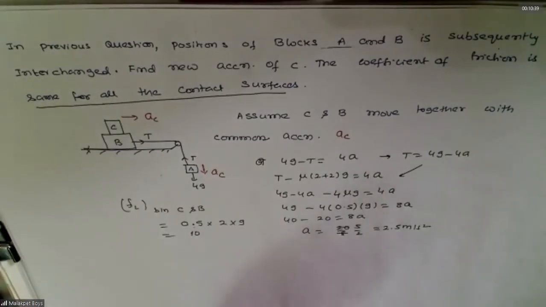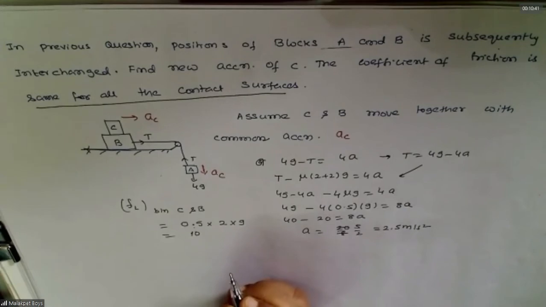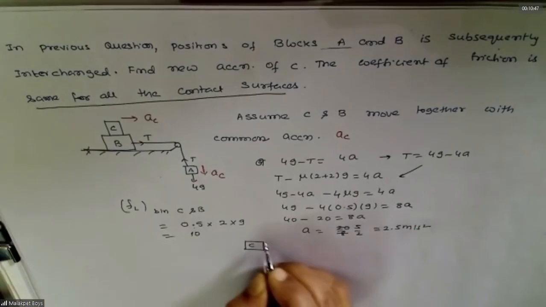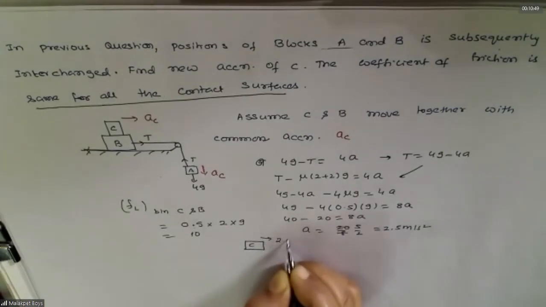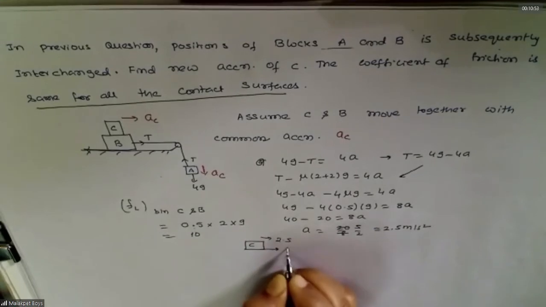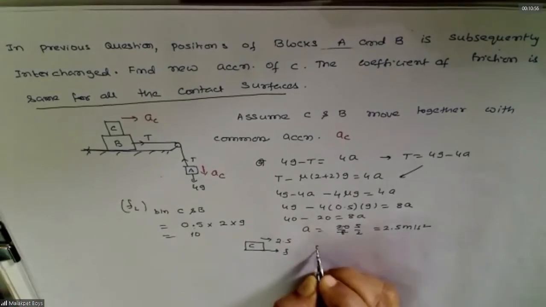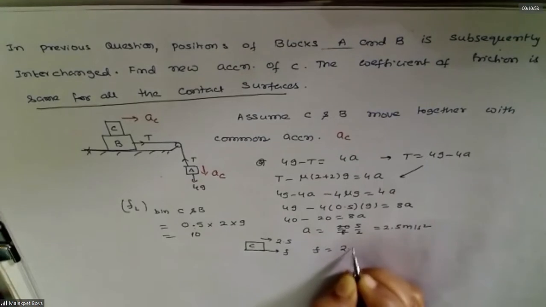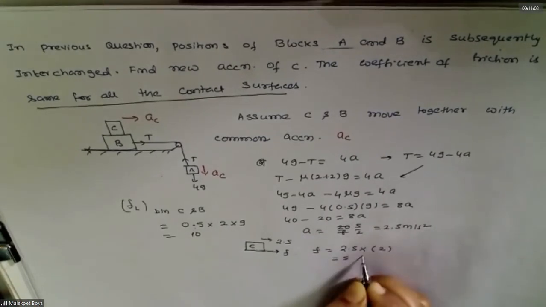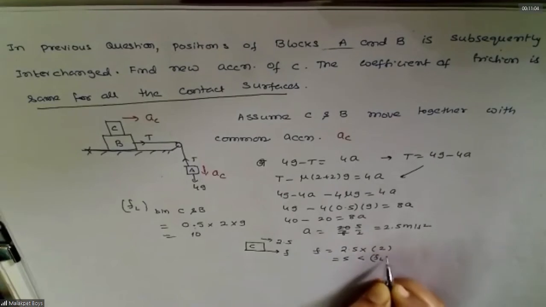Yes, sir. Now let us draw the free body diagram of C. We have assumed that this goes with a common acceleration. So which drives that frictional force? For this, F is what? 2.5 into mass of that, 5. This is less than limiting, no?